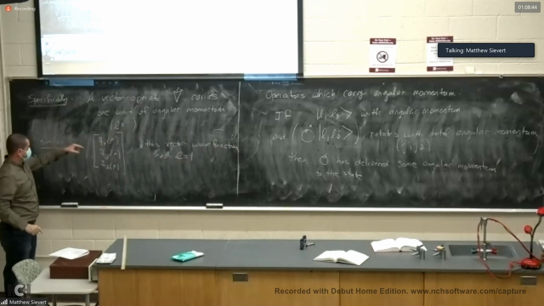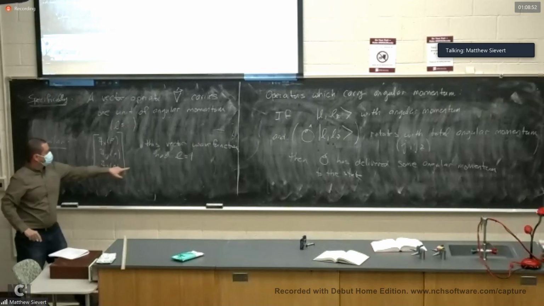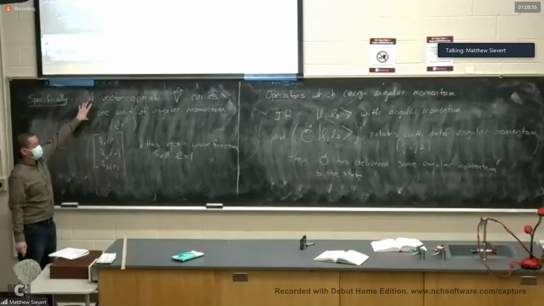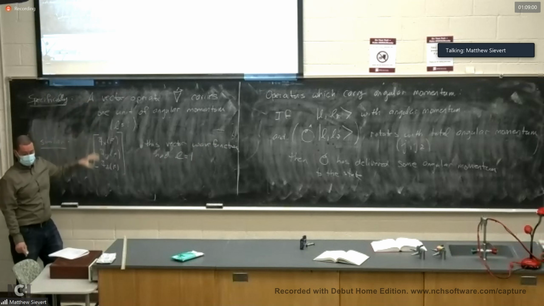That was related to the fact that there were 3 components that get mixed up under rotation. 3 components form a 3-state ladder. The 3-state ladder is L equals 1. Ultimately, it's the same reason why a vector operator can be associated with having spin 1.